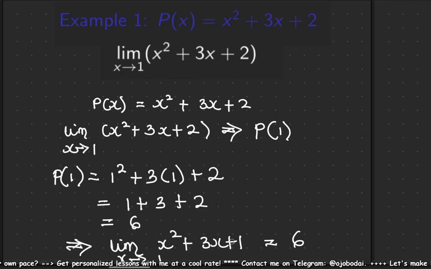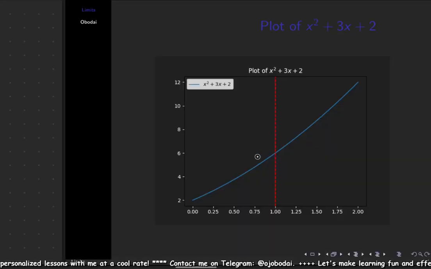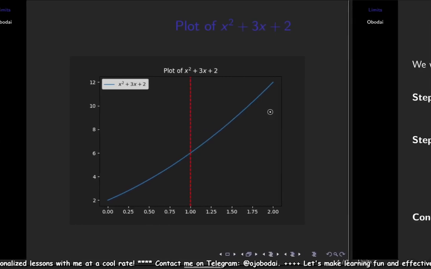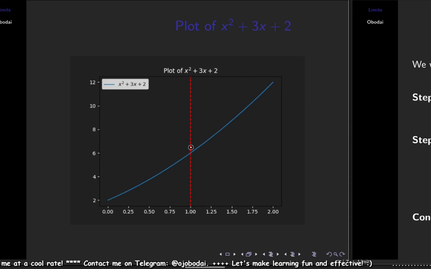So when it comes to evaluating limits, especially when they are polynomials, you just substitute your values. So let's look at how this looks graphically. Graphically, this is what you have over here. The blue line here is the plot of p of x, that is our polynomial function. Now, at x equals 1, this is the line that we have used to intersect.